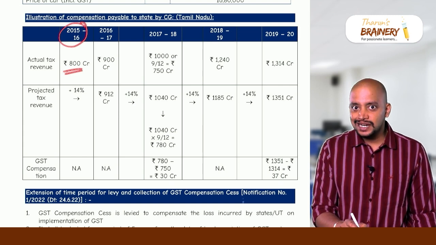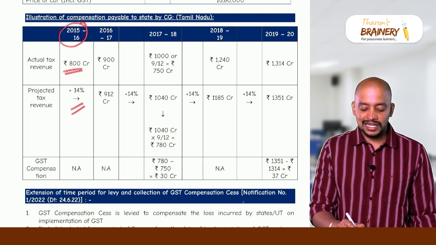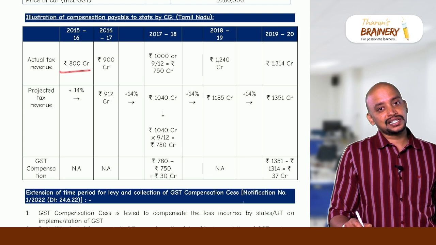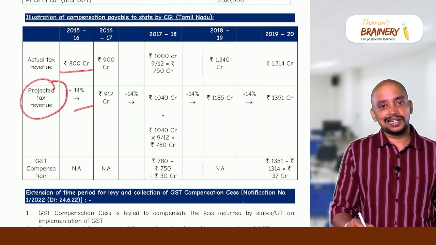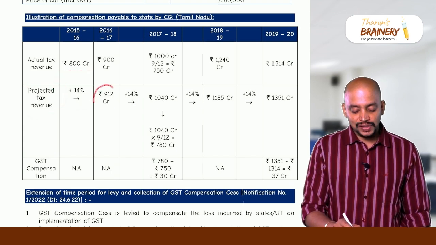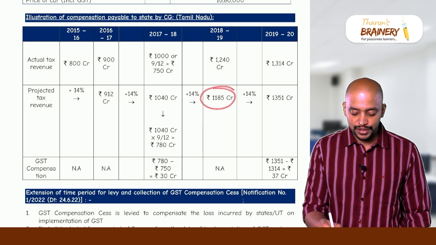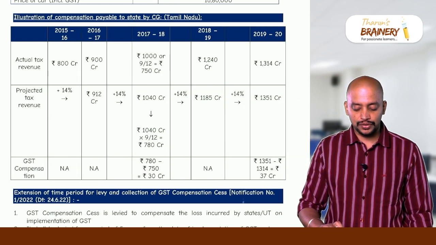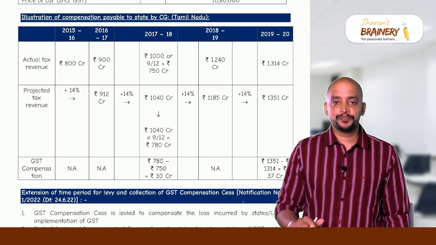To this 800 crores you add 14% every year to get the projected tax revenue: 912 crores, plus 14% 1040 crores, plus 14% 1185 crores, plus 14% 1351 crores.